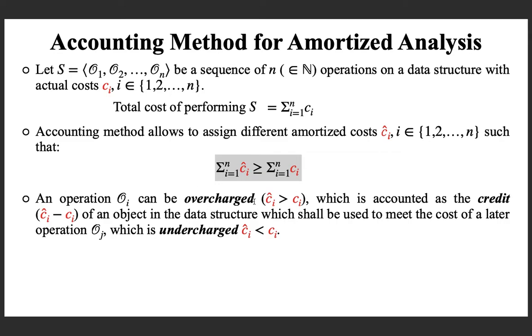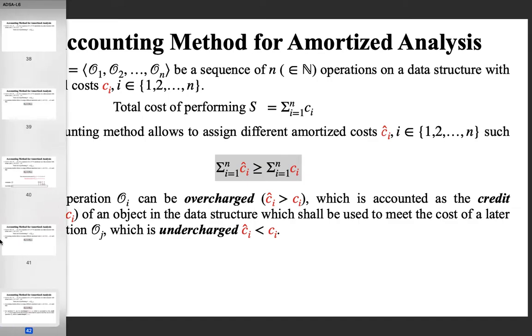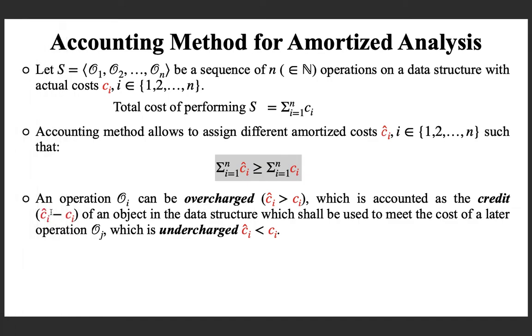So the push operation, the insert operation is overcharged, and which is accounted as a credit of an object in the data structure. For example, P1, P2, those processes, right? The extra cost is nothing but the amortized cost minus the actual cost.